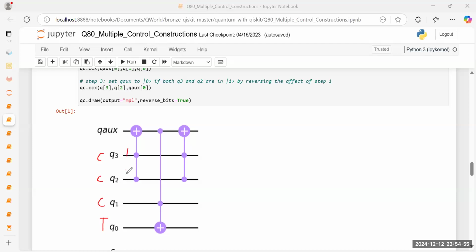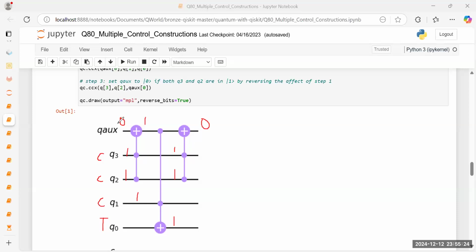So this is how we do this. If we have 1, 1 here, this will become 1. And then now we have a 1 here and also a 1 here. So because we have 1, 1, we will trigger this and it will become 1. And then finally, we can use this to return the auxiliary to what it was. So 1, 1 here, and it will return this to 0.